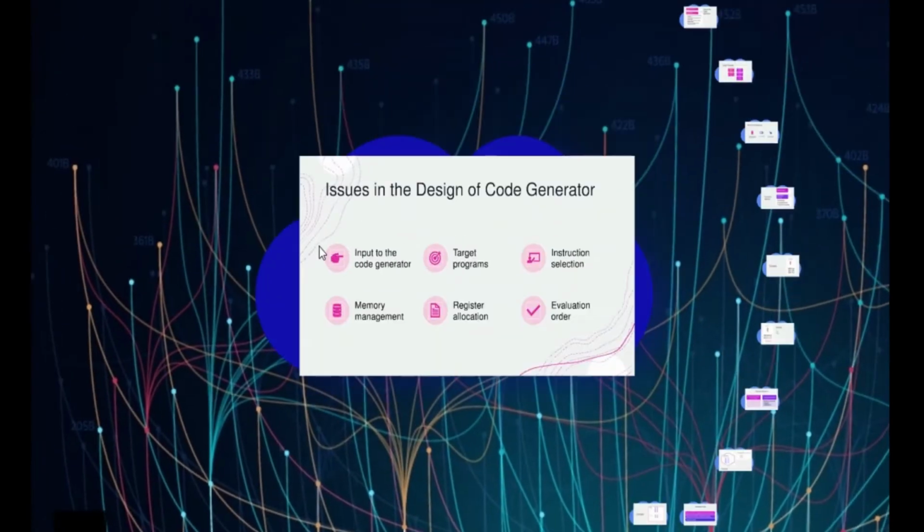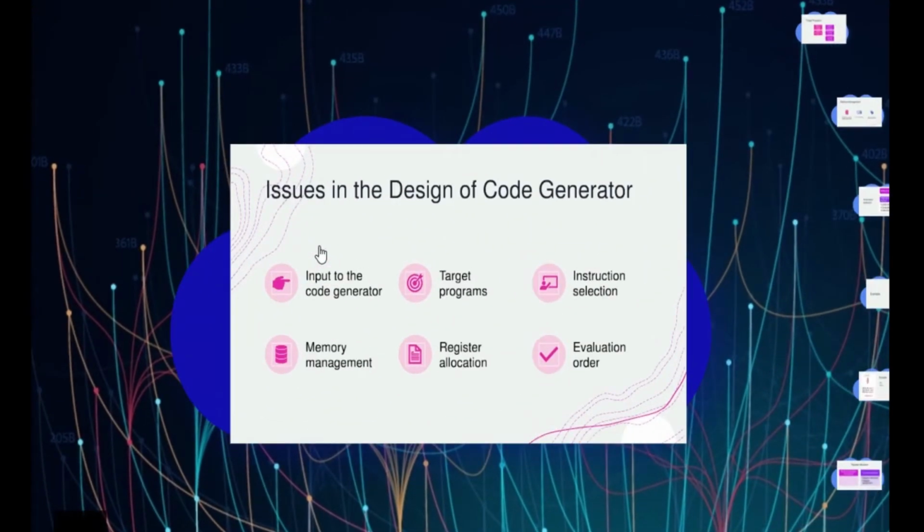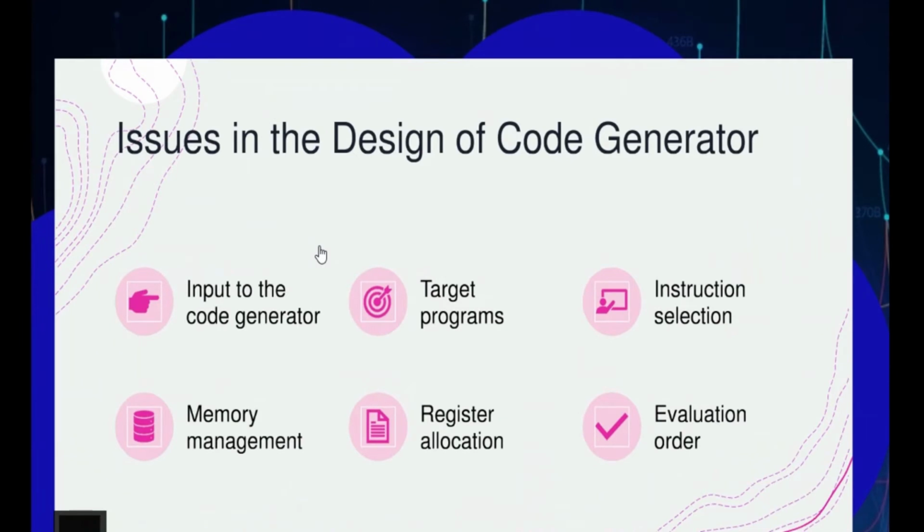Next, we are going to discuss the various issues in the design of a code generator. These issues depend on the target language and the operating system. These are the issues to be considered while designing a code generator. The first issue is input to the code generator, then target programs, instruction selection, memory management, register allocation, and evaluation order.